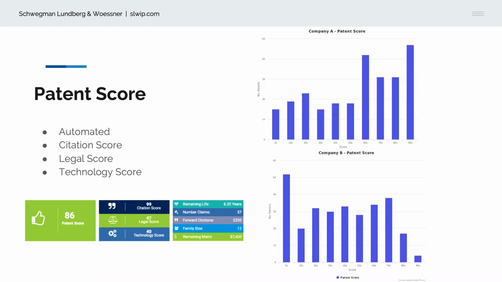The score is out of 100. So if you're in the 90s, you got an A+, and if you're in the 20s, you probably didn't pass the class. So company A has about 46 or 47 or 48 patents that got an A, and it's got about 15 that got an F, right? And company B only has a handful that got an A, right?